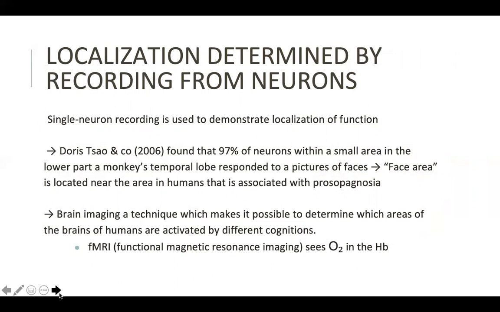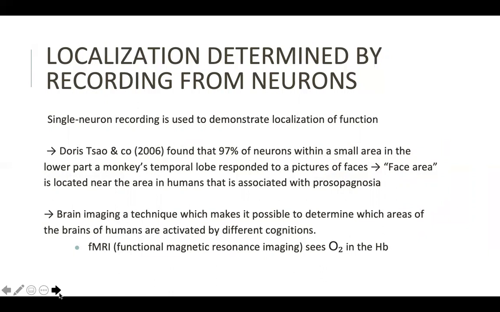For example, an experiment by Doris Tsao and co-workers found that 97% of neurons within a small area in the lower part of a monkey's temporal lobe responded to pictures of faces, but not pictures of other types of objects. This face area, as it turns out, is located near the area in humans that is associated with prosopagnosia.